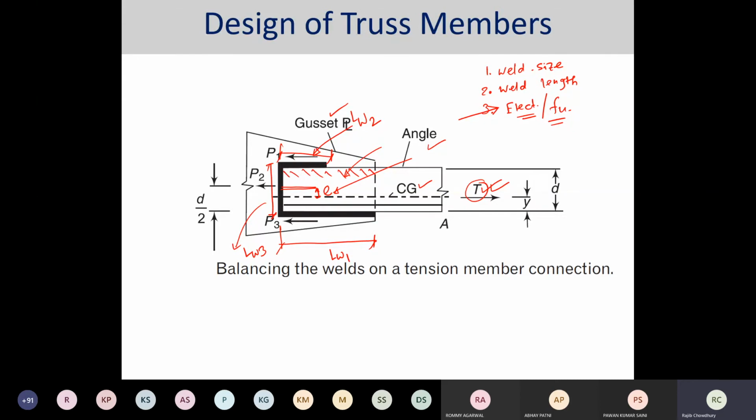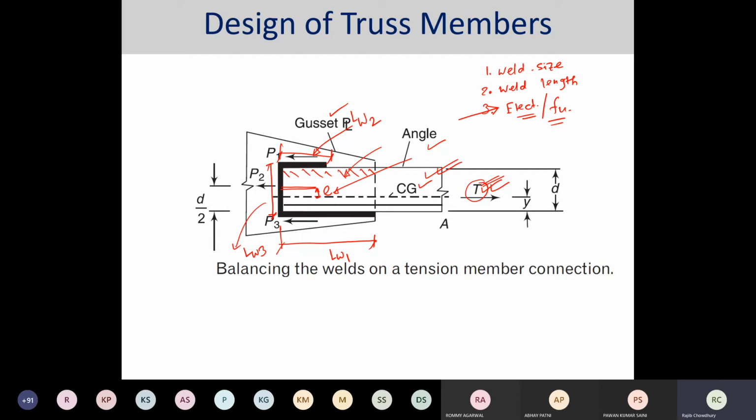So in order to ensure that the structure is subjected only to the axial force, we have to ensure the CG of the weld length is placed in a way that it coincides with the CG of the applied force. Otherwise you will have the problem over here.